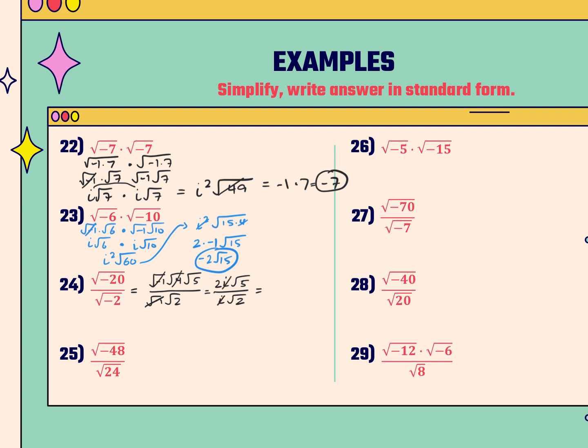So my i's would cancel, and I would get 2 radical 5 over radical 2. However, I can't have a radical in the denominator, right? So I have to rationalize that. So you would still have to come in here and do radical 2 times radical 2. You'd get 2 radical 10 all over 2. My 2's cancel. And my final answer is radical 10.